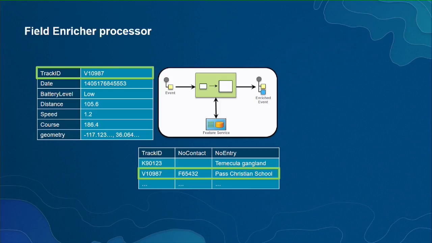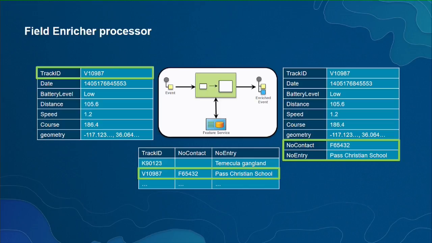You see there the Victor 10987, and then it enriches that information with the fact that he's not allowed to contact a Foxtrot 65432. And then the no entry is an additional piece of information. They're not allowed to enter a particular geofence or a particular zone that I'm modeling within my solution.